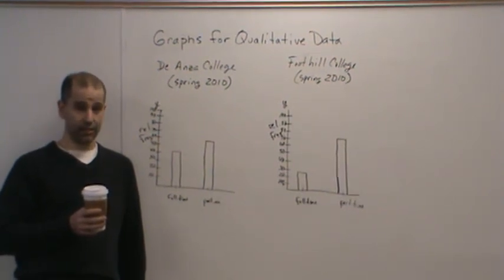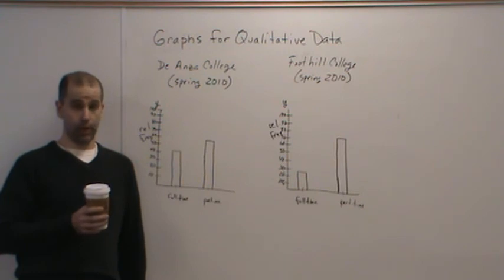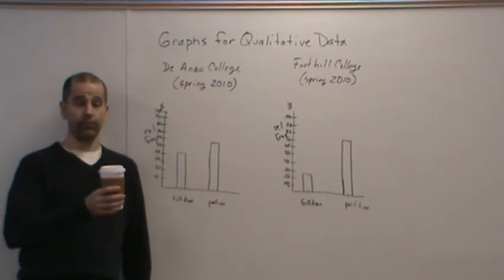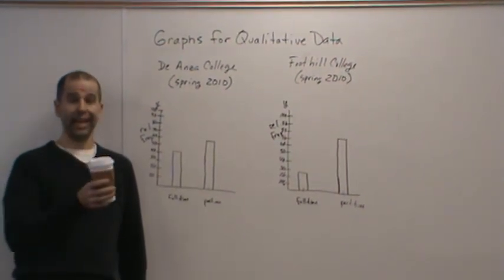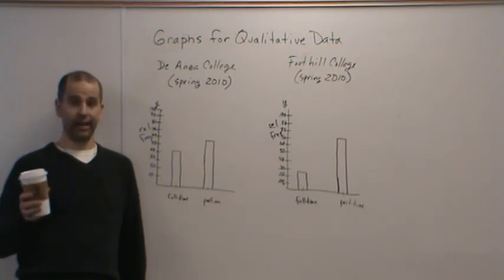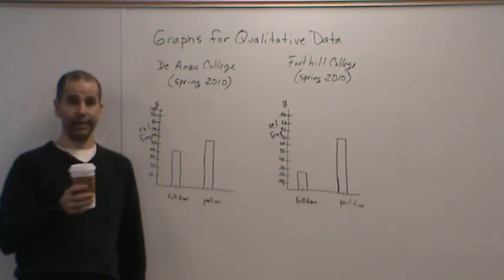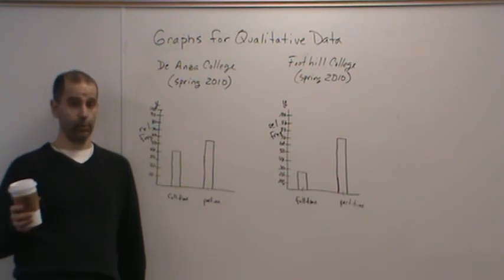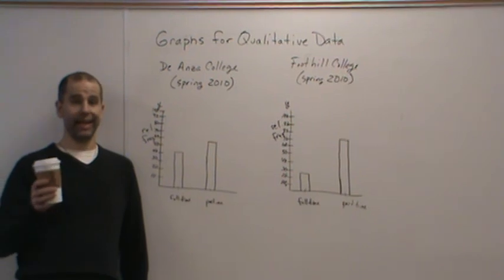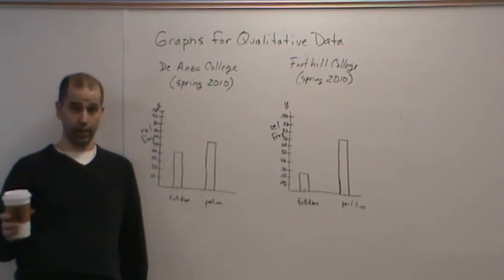In those cases, you can still use a bar chart because bar charts are used to compare relative sizes for different groups. You can't do that with pie charts unless they add up to 100%. So in the case where it adds up to more than 100% or less than 100%, you should not and cannot use a pie chart.